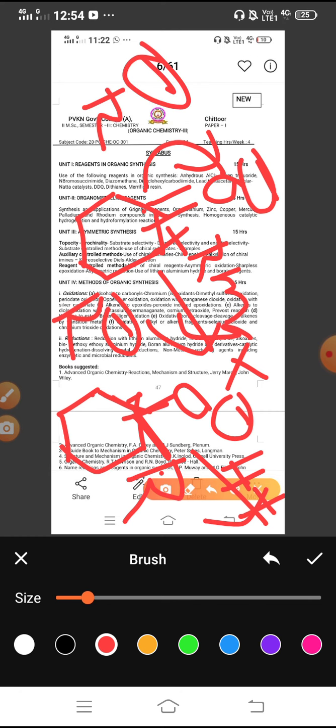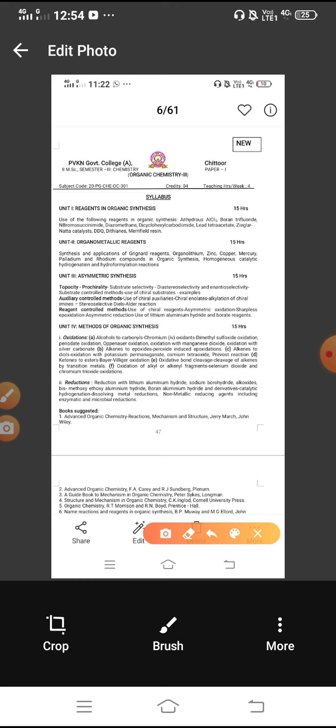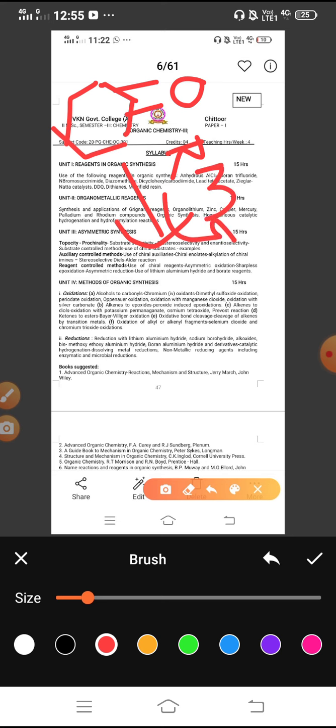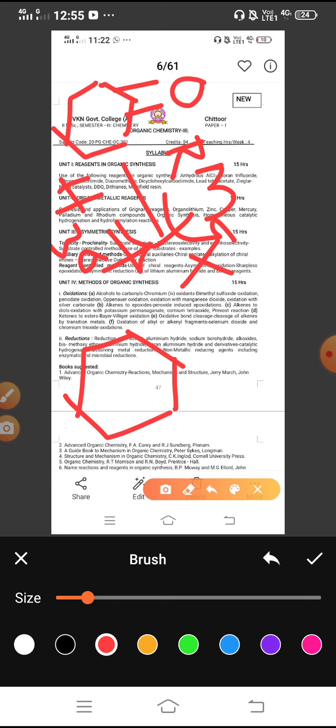So a carbonyl compound, C double bond O, treated with RMgX followed by hydrolysis with water, H3O plus, is converted into alcohols. The product is OH and R on the carbon.